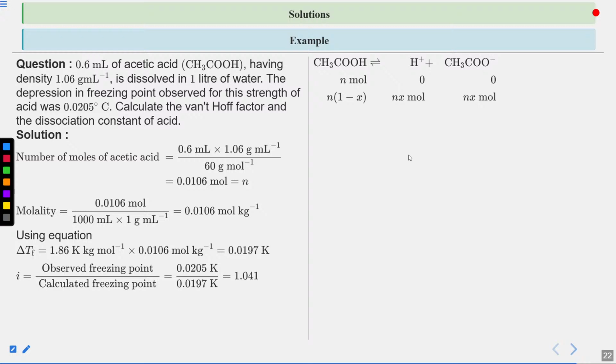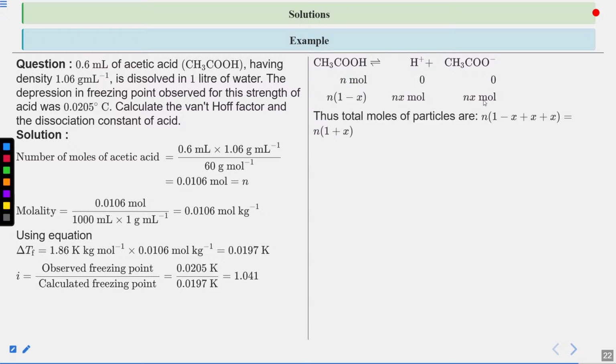Once we got our i, we can easily calculate the dissociation constant. So how we'll do it? Initially we have n moles. H plus is 0 and the acetate is also 0. But after dissociation, suppose x is the degree of dissociation, then it will be n into 1 minus x, and it will result in nx moles of H plus and nx moles of acetate.